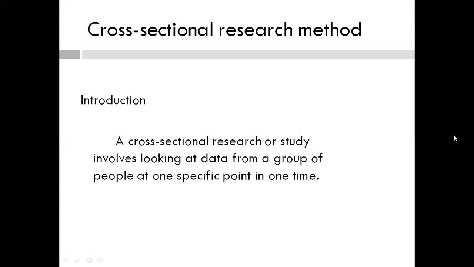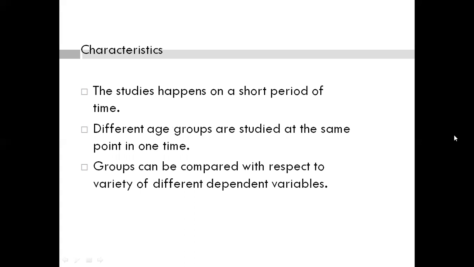longitudinal research. There are also some characteristics under the topic. The studies happen in a short period of time. Different age groups are studied at the same point in time. So when the researchers collect data at a specific defined time, they get a snapshot in time of their data.